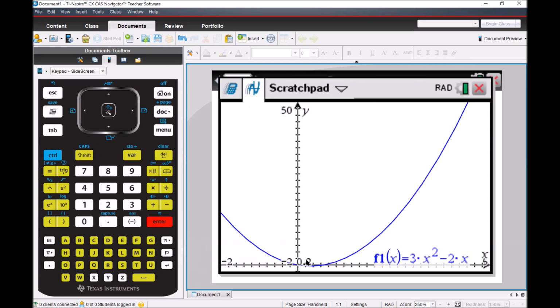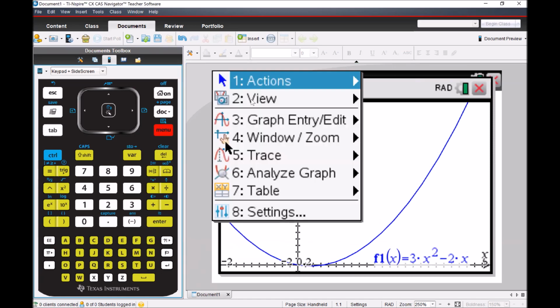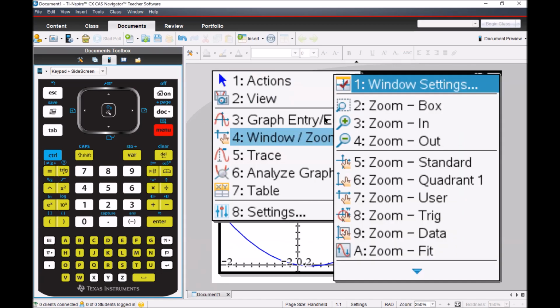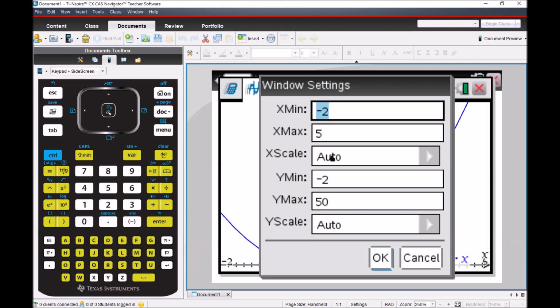Yeah, that'll work. Now I need to go into my menu and fix all that by changing my scales accordingly. X scale at 1 would be fine. Y scale, oh boy, your guess is as good as mine. I'm going to live life on the wild side. I'm going to go 5. Sometimes you just have to do that.